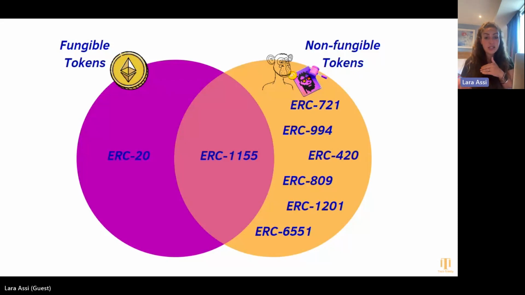ERC 721 allowed developers to create digital assets with distinct characteristics, enabling the representation of unique items and digital art. Not only digital art, you can have virtual real estate, in-game assets, music, whatever art or creation that you might want to turn into a digital asset.